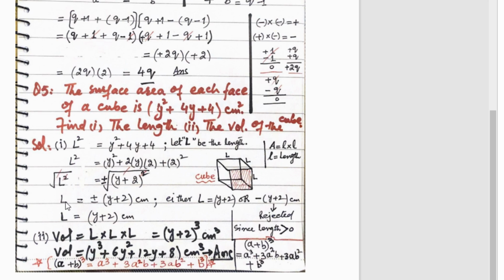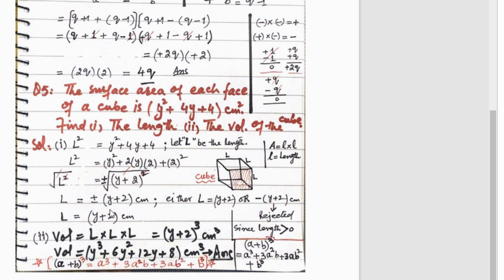L is the length of one side of each face. It is equal to plus minus y plus 2 centimeters, because, look up in the question, it was area, so the unit was centimeter square. Now we have found length, so length's unit is centimeters.